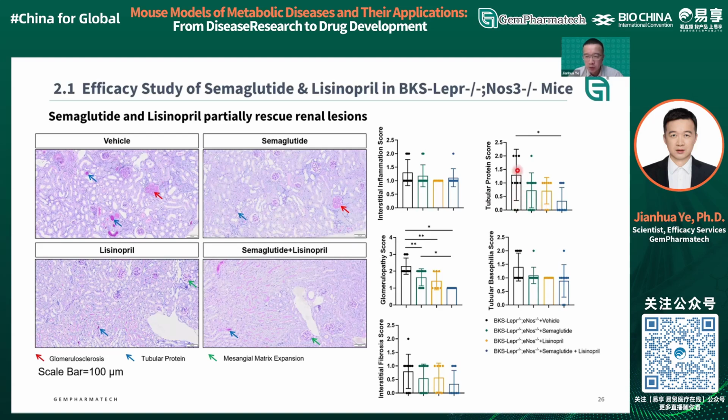Compared to the black one, the control one, the tubule protein score is reduced, and the combination use can further rescue the tubule protein phenotype. And also for the glomerulus, single use of semaglutide and the lisinopril can improve the glomerulus injury, and the combination use has a better effect.